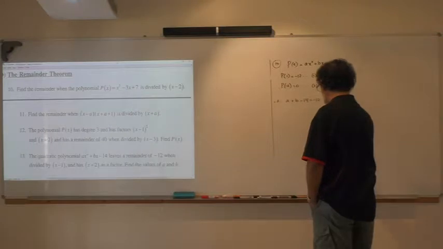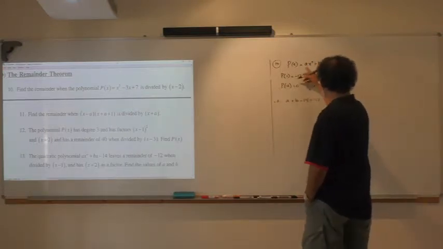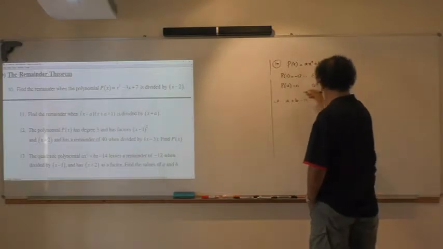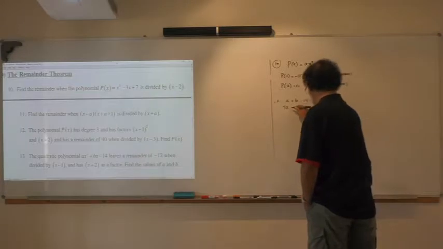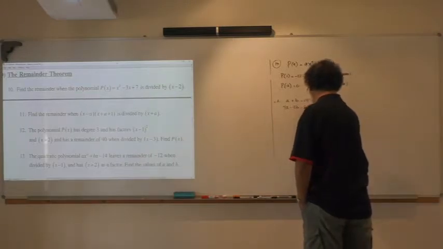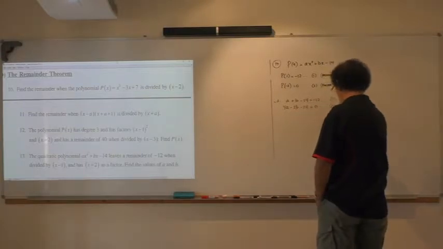So that is for 1. And then we're going to do negative 2 squared, so it's going to be 4. So we're going to say 4a minus 2b minus 14 is equal to 0. That will give us the second equation.